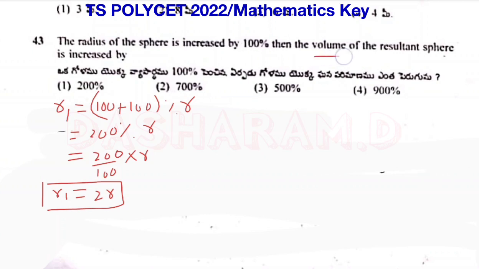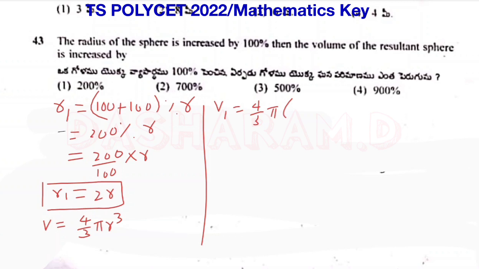Now it is asking how much the volume was increased in percentage. The original volume, we know, is 4/3 pi r cube. Now let's find the new volume by substituting the changed radius. So V1 equals 4/3 pi r1 cube, which means 4/3 pi into 2r whole cube.